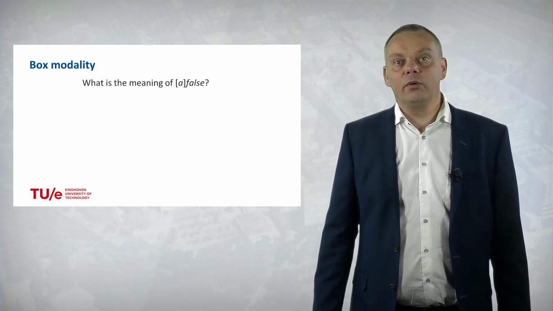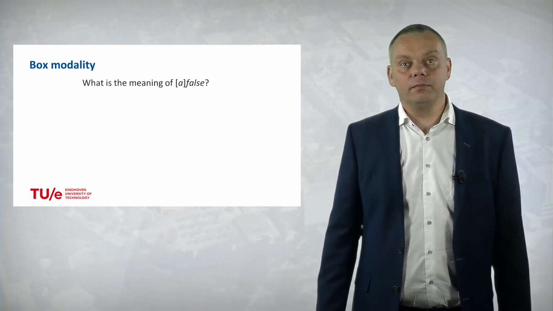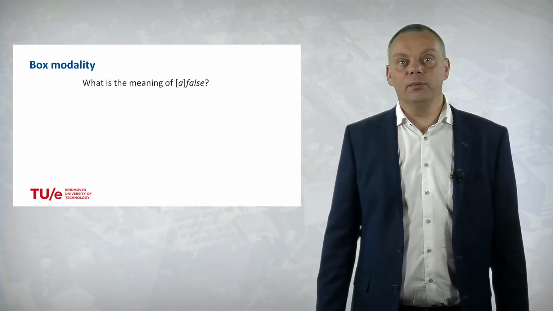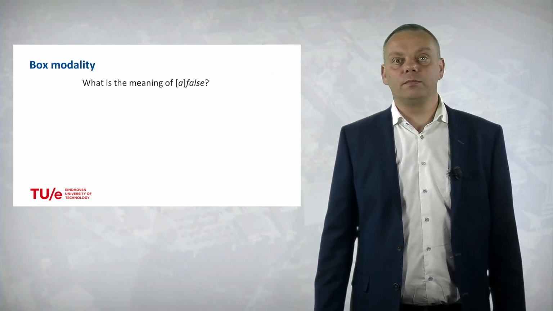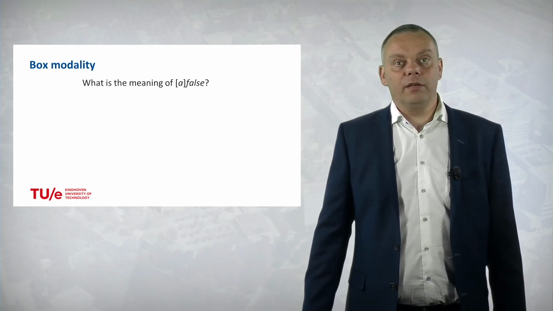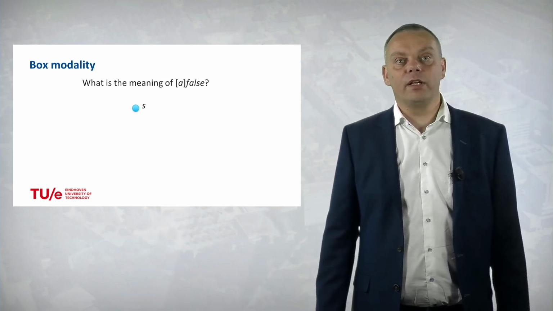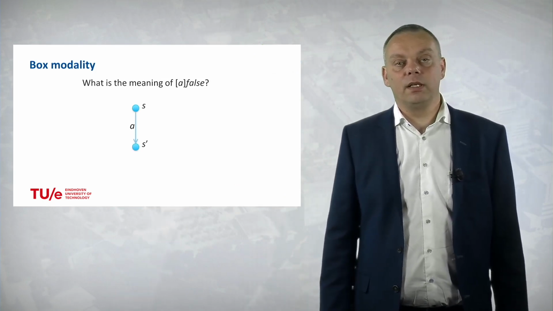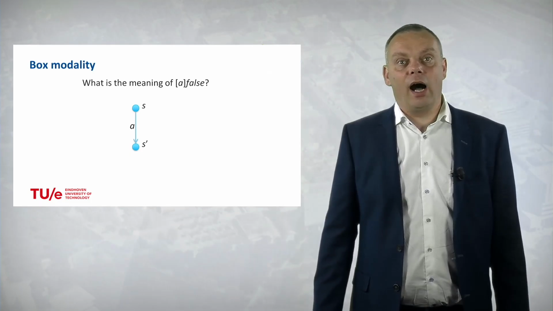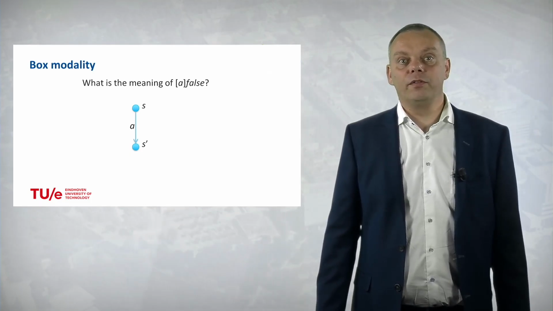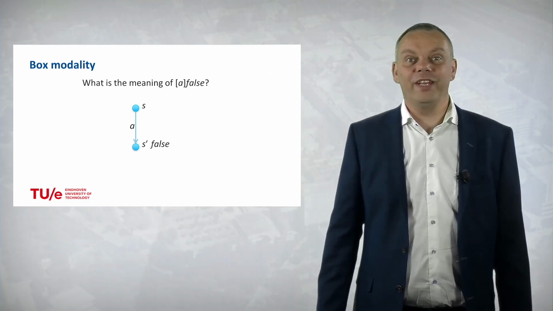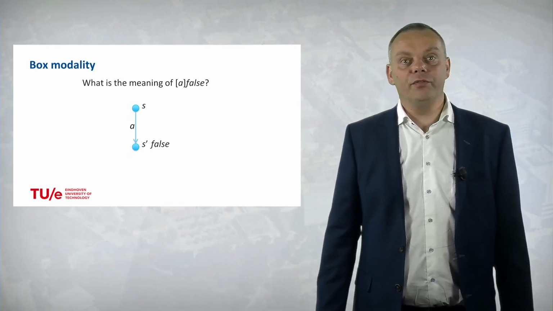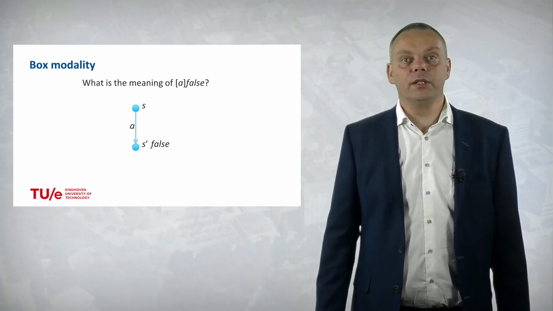Okay, look at this example. And this is an example that you will see more often. What's the meaning of box A false? Well, if I have a state with an outgoing A transition, then what we see is that after this outgoing A transition, false should hold. But we know that false does not hold in any state. So if there's an outgoing A transition, we have an impossible situation.